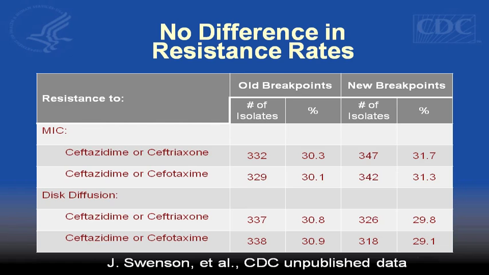And you see, if you go down using the other definitions, either MIC testing or disk diffusion testing, the rates of resistance are almost identical. So I think you could just look at the susceptibility results, be able to identify isolates that are infection control concern. It would be simpler and faster.